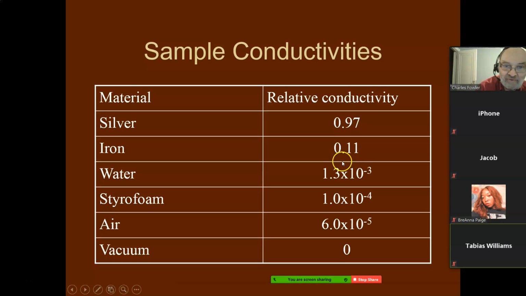Water, there's water showing up here. Wood that I mentioned, further down the list. Cotton, even further down the list. And styrofoam, here styrofoam was listed. And glass wool, which is another type of insulating material, it's even further down the list. And air down here, and the vacuum, of course, is 0. So that takes us through some of our sample conductivities.